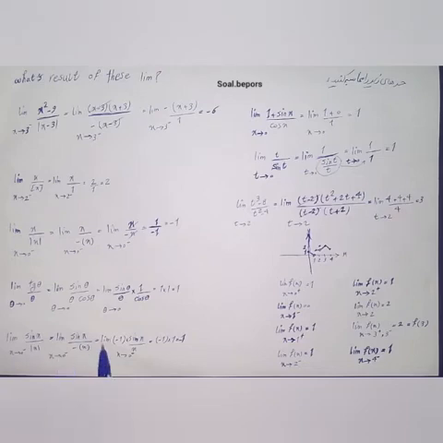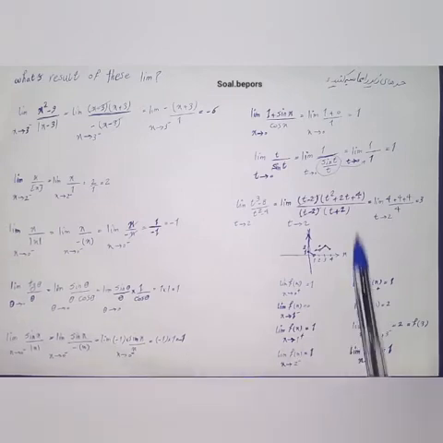In the next part we have minus 1 multiplied by sine x divided by x when x goes to 0 from left, and we know that this is equal to 1, and 1 multiplied by minus 1 is minus 1.